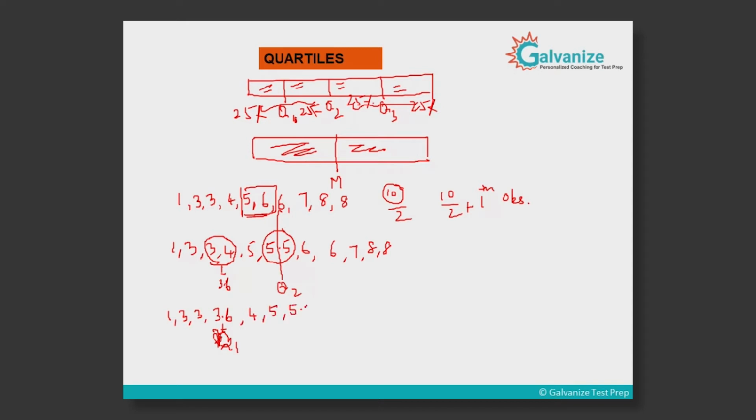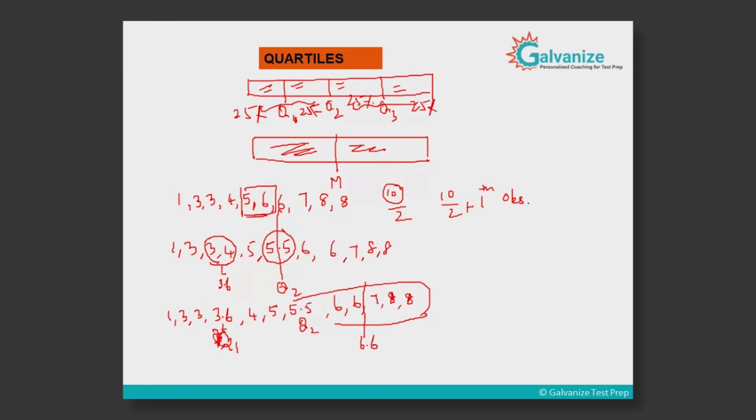Now I've got this Q2 as 5.5. Now I need to find out Q3. Again, the same procedure. I take Q2 and the last value, take this chunk here till this. If you take this chunk here, the number of observations is 6 again, 6 plus 7 by 2, 13 by 2, 6.5.